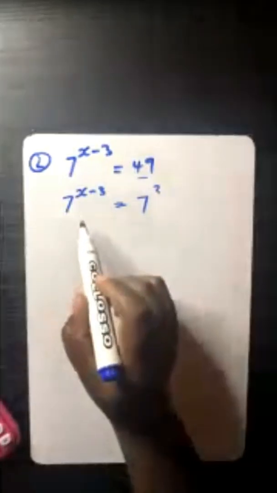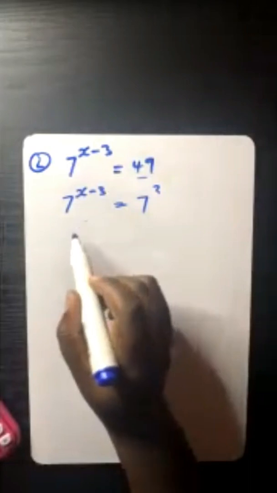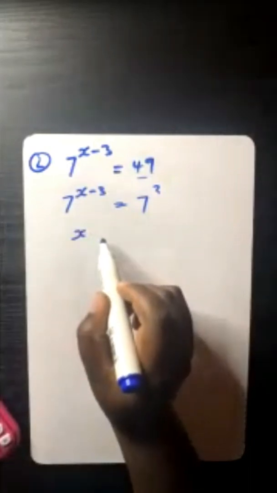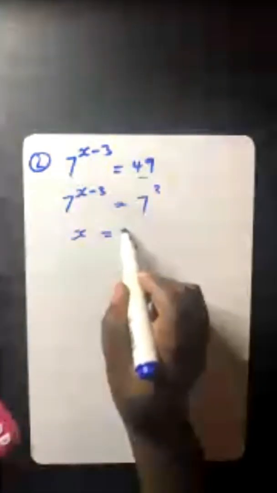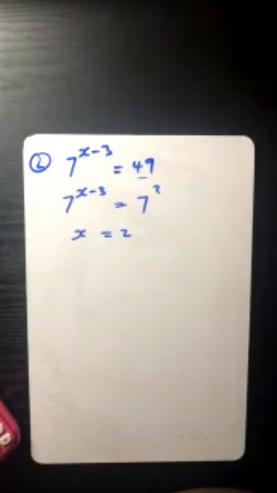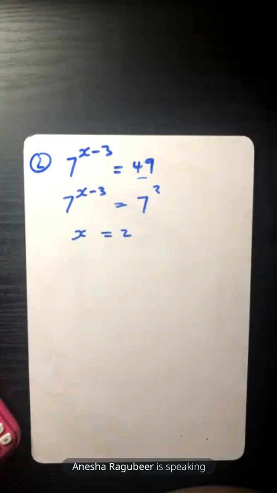Tell me what to write, Shreyas. X equals 2. So can you explain that one? So since we wrote our answer, we have to find out whether 7 to the exponent 2 minus 3 gives us 49.